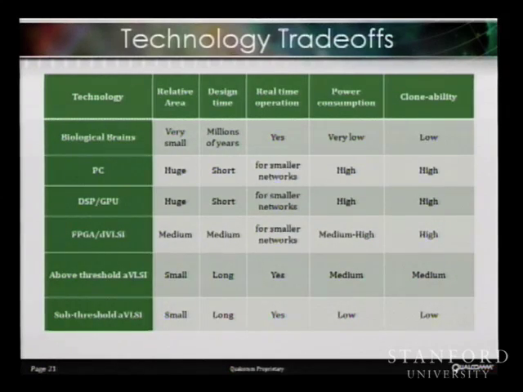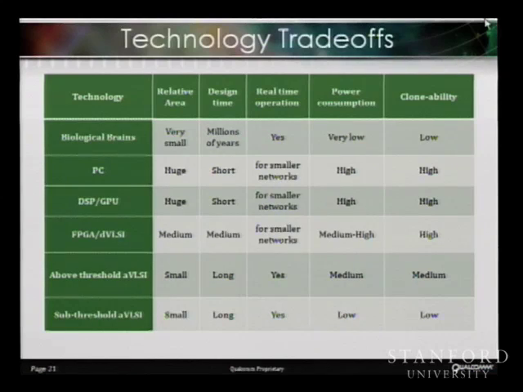The clonability is an interesting column. So how do you take one of these systems, once you've trained it, and transfer it into a mass producible chip? Let's say I magically came up with this system that learned how I speak, for example. It could figure out all my intonations and says it's the perfect speech recognition system for me.